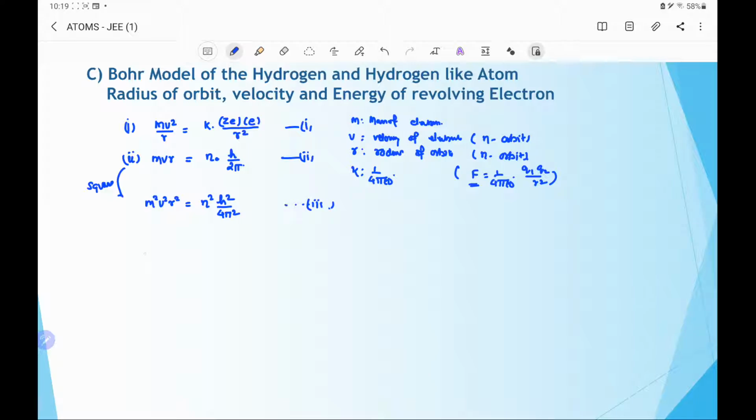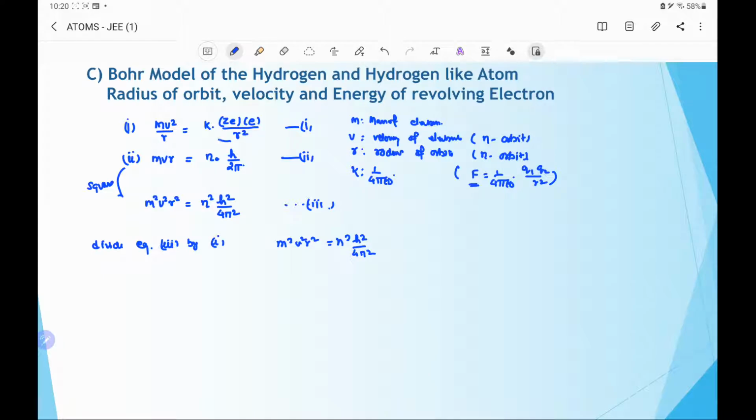Now to find the value of r, we have to eliminate v. For this purpose, we divide equation 3 by 1. Equation 3 is m square v square r square equal to n square h square by 4 pi square, and equation 1 is mv square by r equal to kze into e by r square.